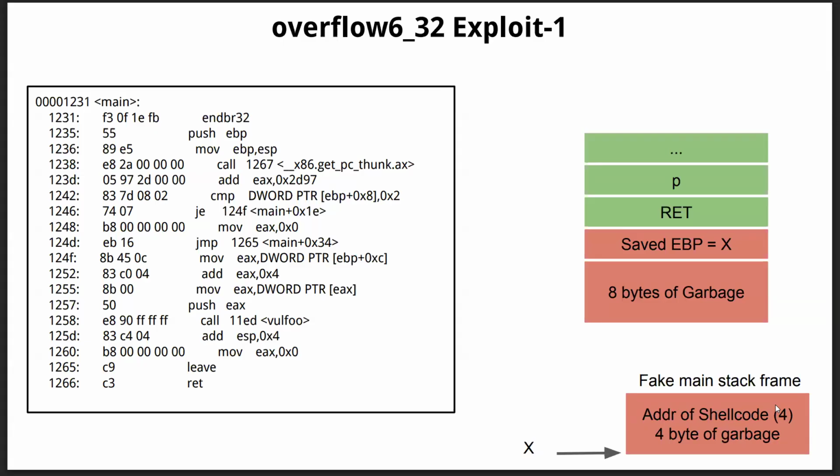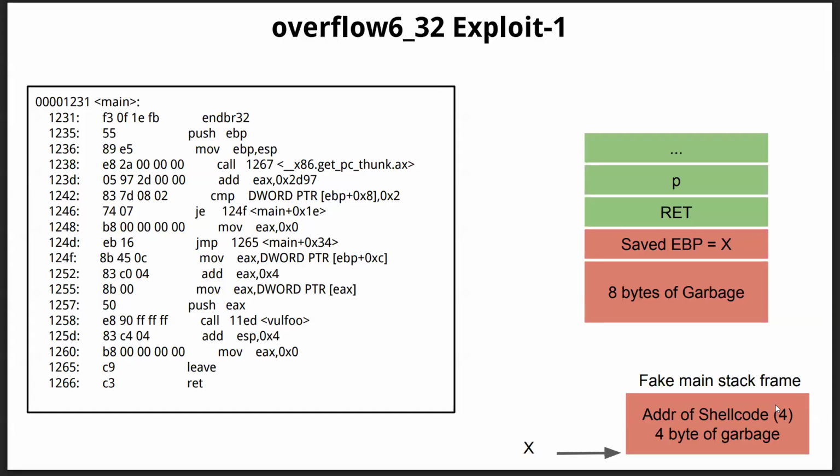It should have the address of the return value, right? This is a return. So technically what matters is 4 bytes, the return address here, but it will point to what? It will also point to the saved EBP, right? The saved EBP of whatever calls the main function, the libc start main function.